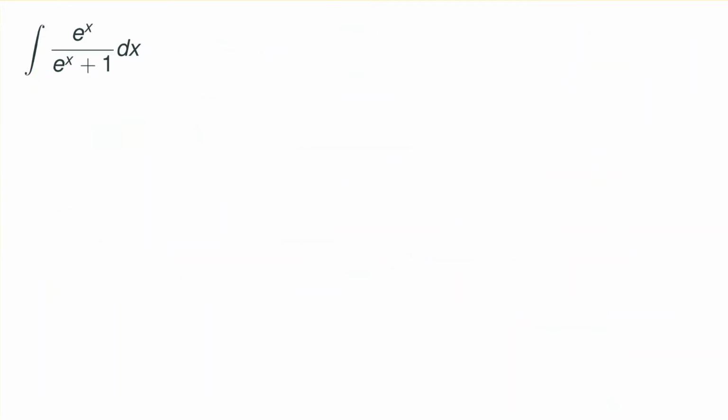Indefinite integral of e to the x over e to the x plus 1 dx. Here we're going to let u be the entire denominator, e to the x plus 1. Then du dx is e to the x, so dx is du over e to the x.